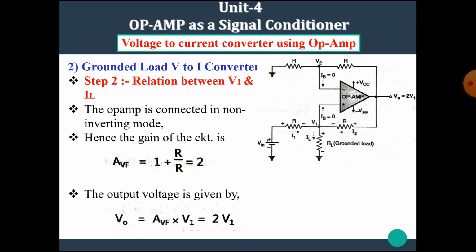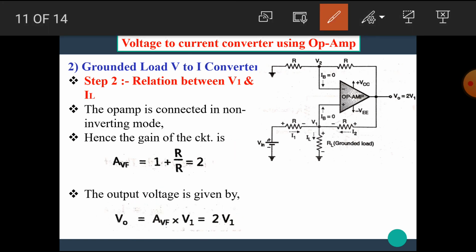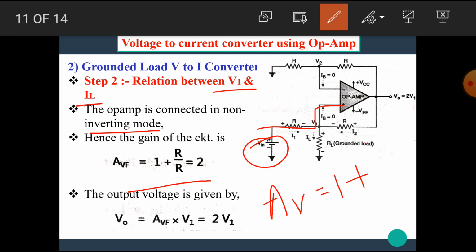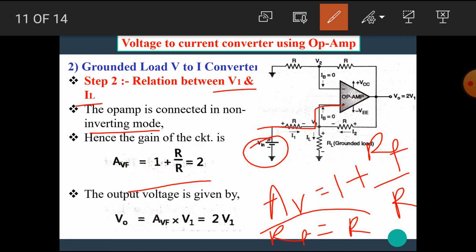Now let's go to the second step: find the relation between V1 and IL. The op-amp is connected in non-inverting mode. We can see that the input is given to the non-inverting terminal, hence the gain of the non-inverting amplifier is 1 plus Rf upon R. But here Rf is equal to R, that means all the resistors have the same value.